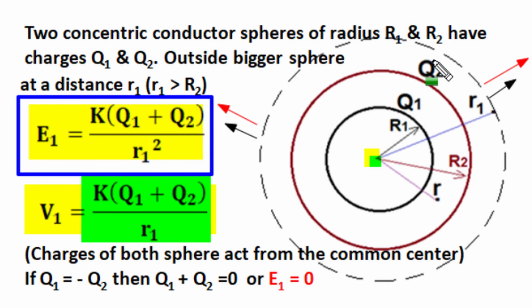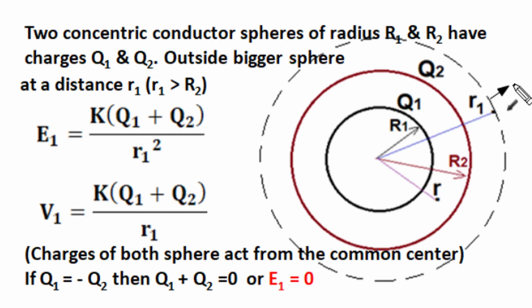Now if q1 and q2 are equal in magnitude but opposite in sign, q1 is equal to minus q2, in that case the sum of the two charges q1 and q2 becomes 0. So the positive q1 charge produces a radial outward electric field and the negative q2 of the same magnitude produces the same amount of radial inward electric field, and the vector summation of these two electric fields becomes 0.